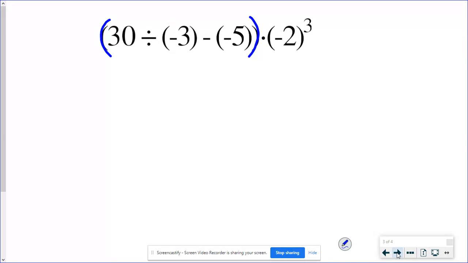It's not just subtracting 2 cubed. So in the first big set of parentheses, I could certainly change this to a keep change that looks like +5. That's fine. But I have to do my division first. So 30 divided by -3 is going to be -10. And this was minus a -5. I already changed it to be that.